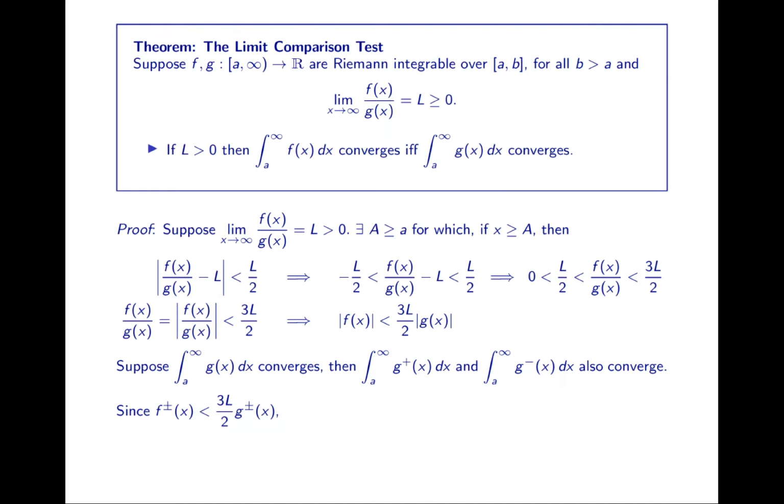Now, because the absolute value of f is bounded by a scaling of the absolute value of g, that means f plus is bounded by 3L over 2 times g plus, and f minus is bounded by 3L over 2 times g minus. Remember, f plus and f minus, g plus and g minus, are both equal to the absolute value of the function, just with different domains.